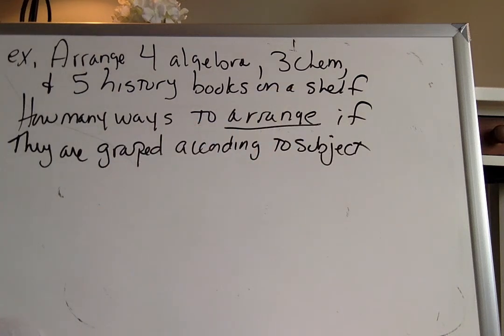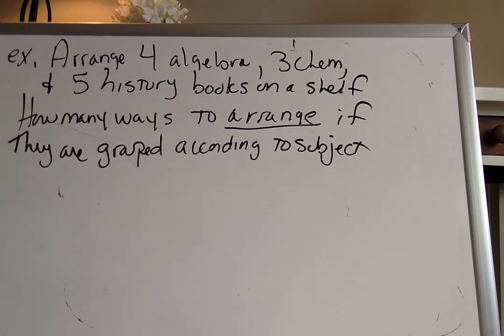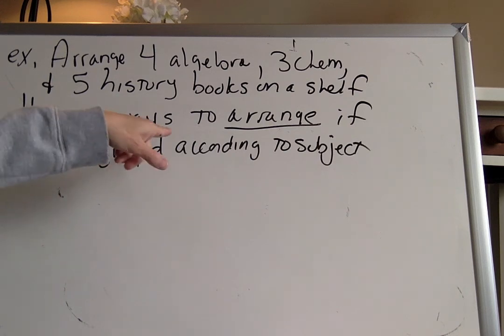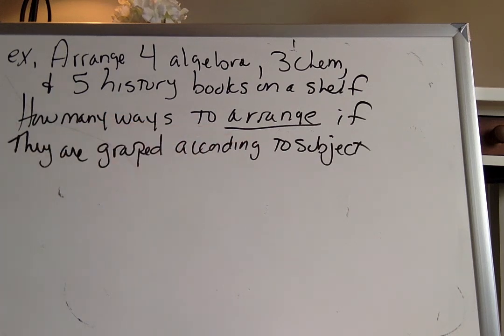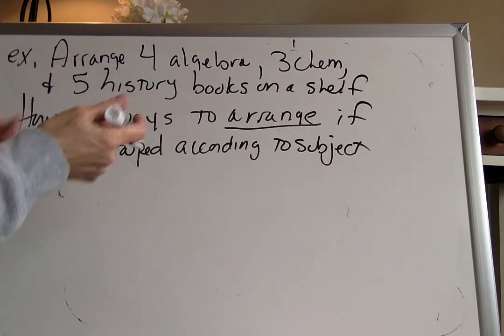We're going to arrange, so this is all about books. We're arranging 4 algebra, 3 chemistry, and 5 history books on a shelf. How many ways to arrange? So that's really indicating to you that order matters if they are grouped according to subject. Okay, so they're staying in their piles, like the algebra ones have to be together, right?